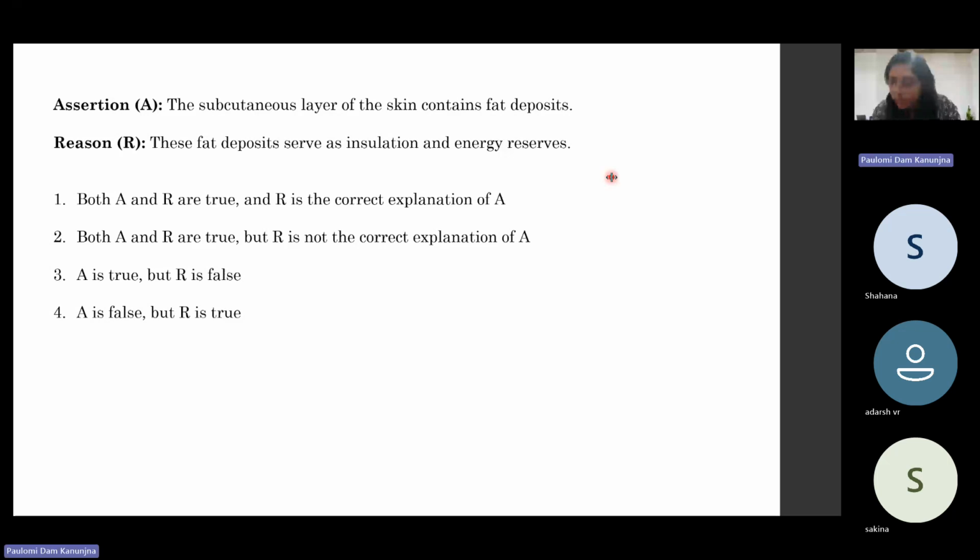Okay. So 10 more seconds and then we see the answer. Someone has mentioned 1. Okay. Yes, let's see this 1. I think that's what I said, that this is something that we already know about. You have subcutaneous layer which has fat deposits, and then fats are responsible for insulation and energy reserves.